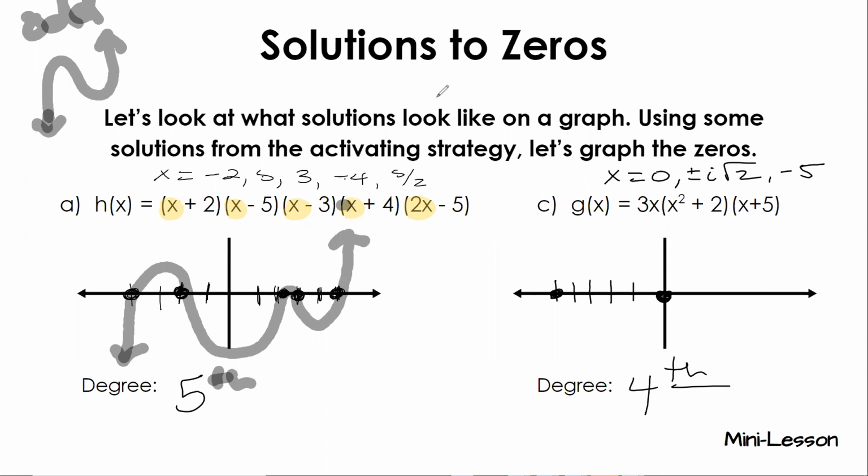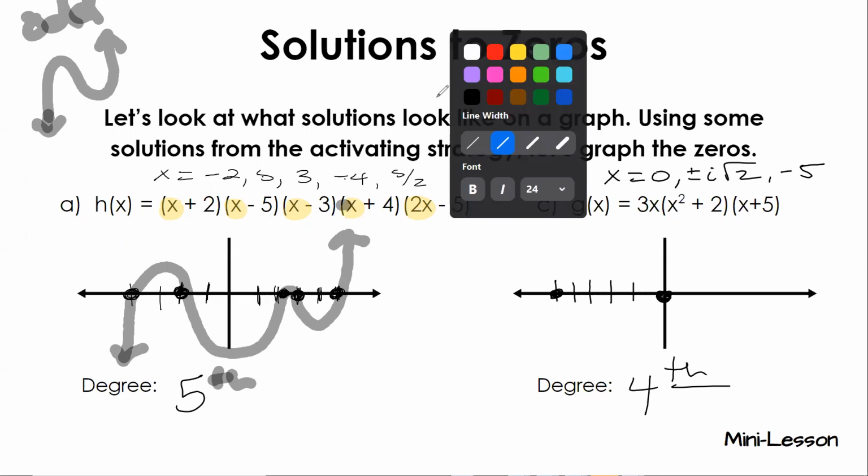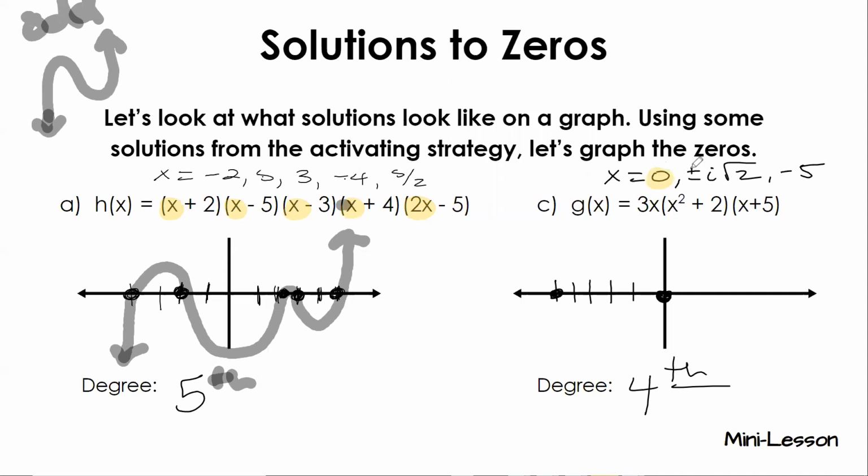I'm going to say it again for the people in the back. Imaginary solutions always come in pairs. There's always a positive version and a negative version, so they count as 2 solutions.